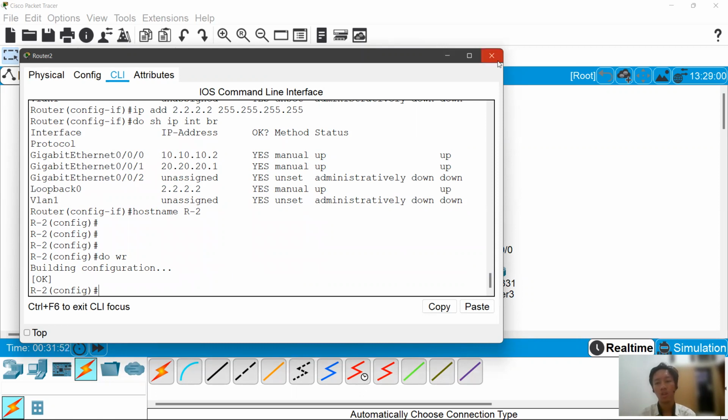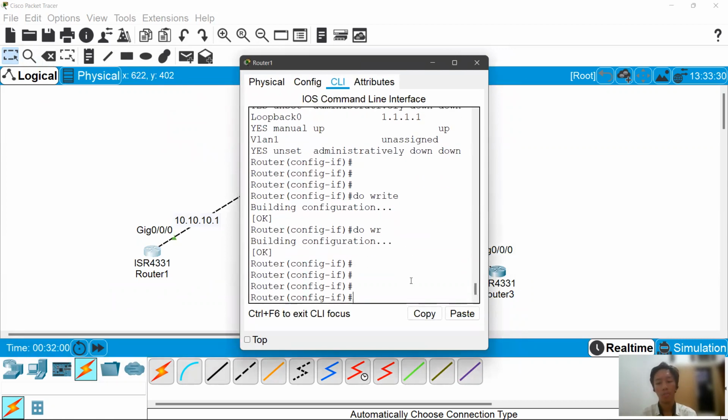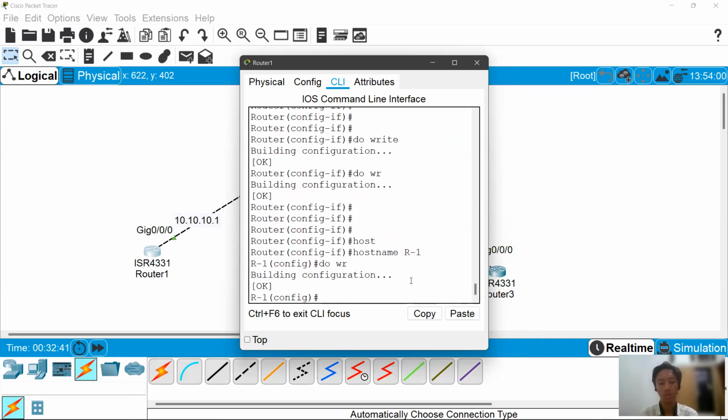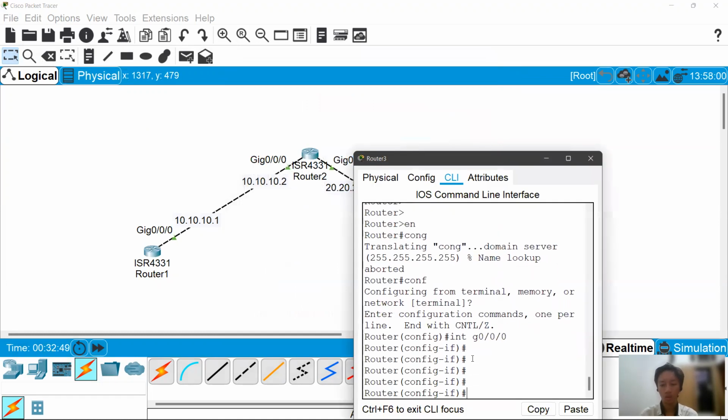Remember in Cisco, if we don't save the configuration, and our computer turns off or there is a power failure, the configuration is reset. Set the host names: R1, R2, and R3.